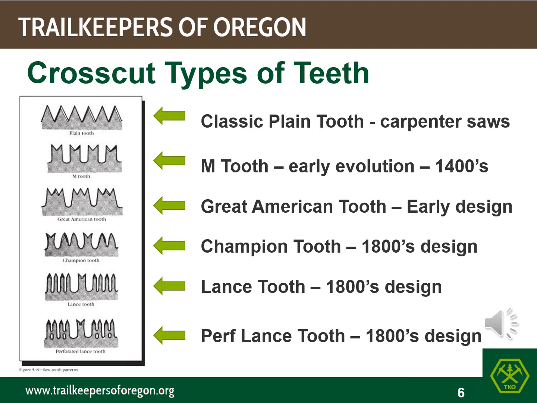Most crosscut saw design innovation occurred in the late 1800s through the early 1900s, with custom tooth patterns for hardwoods versus softwoods. Antique or vintage saws came from this period and are still highly valued today, mostly because of the high carbon steel and the tapered shape of the overall saw.